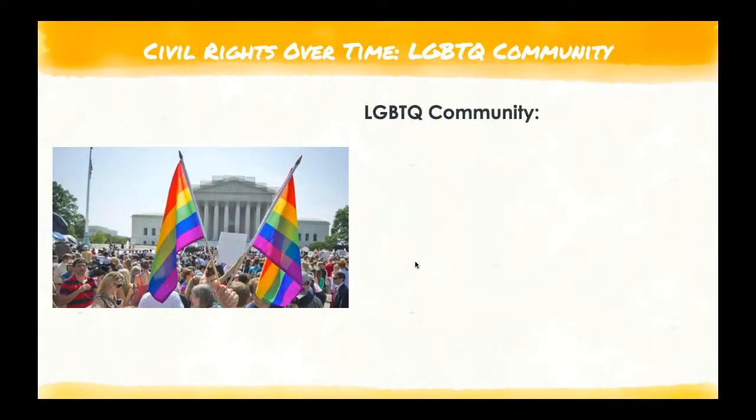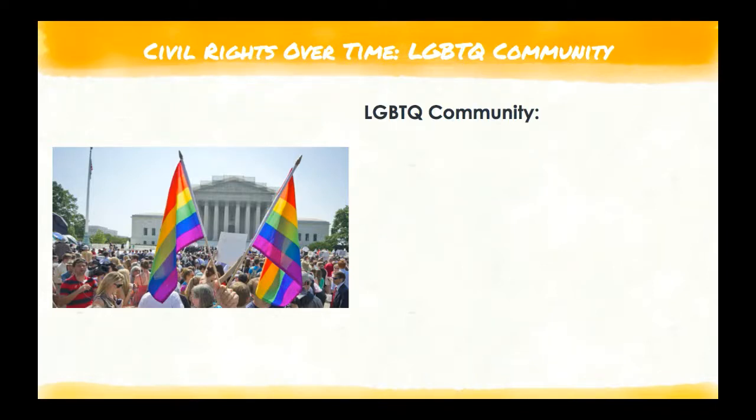Our final category that we're going to talk about is the LGBTQ community. Now, before we look at some key court cases, it's important to know how things have changed over time. So in 1996, the Defense of Marriage Act was passed, and this defined marriage at the national level and declared that states didn't have to recognize or accept same-sex marriages that were accepted in other states.